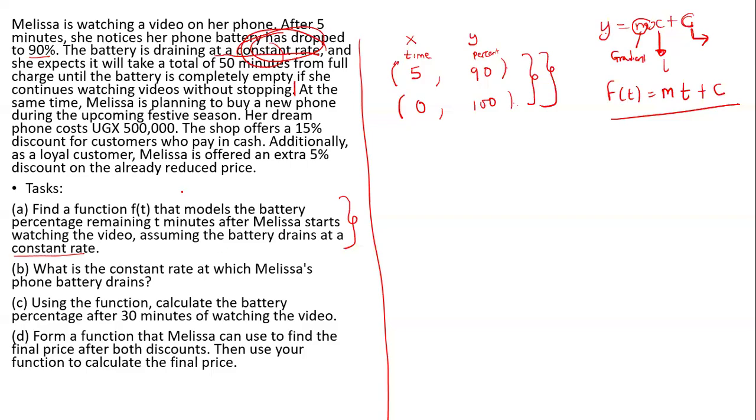It means that we are getting a linear function. Whenever something is constant, we get a linear function. A linear function can be developed using the equation of a line. These two points will help us obtain our gradient for the linear function. Anything that is linear will have a gradient.